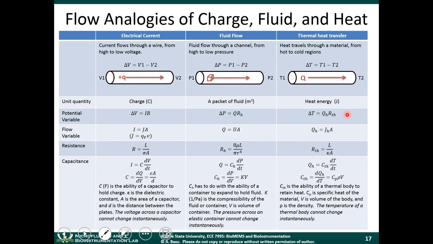So that's the flow variable here, and then this is the potential variable. So how do we come up with those things? Well, the flow variable in the case of electrical currents, if you imagine a whole bunch of charges flying by through the wire, coulombs per second is the flow variable. Coulombs divided by unit time.